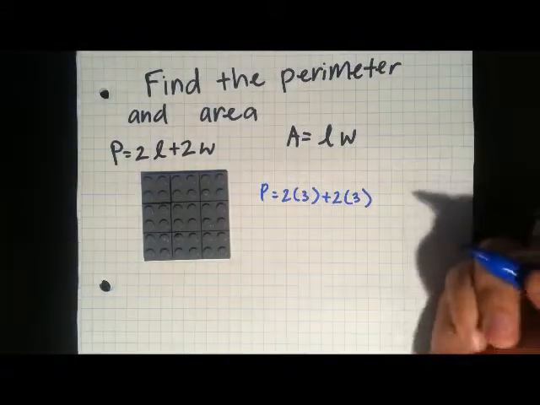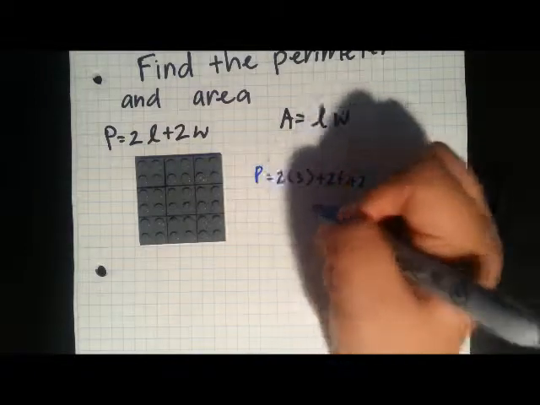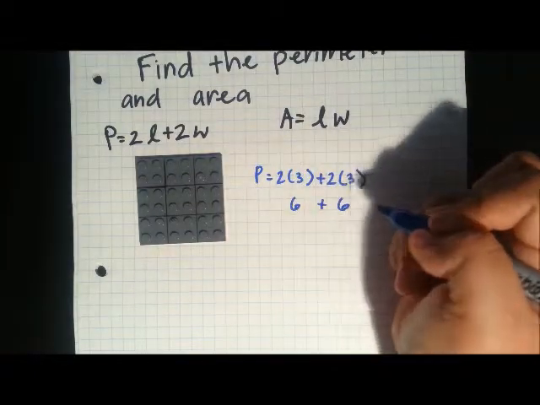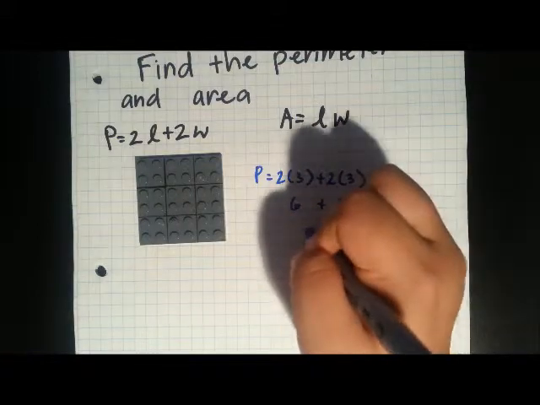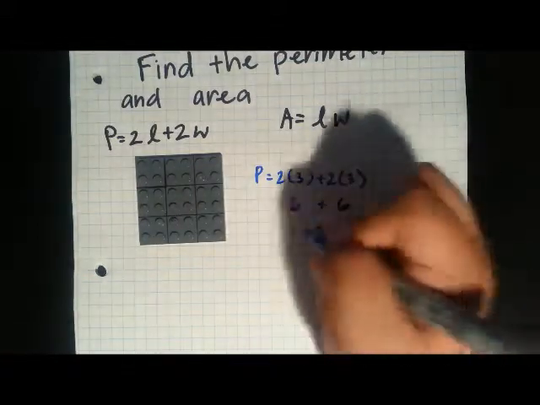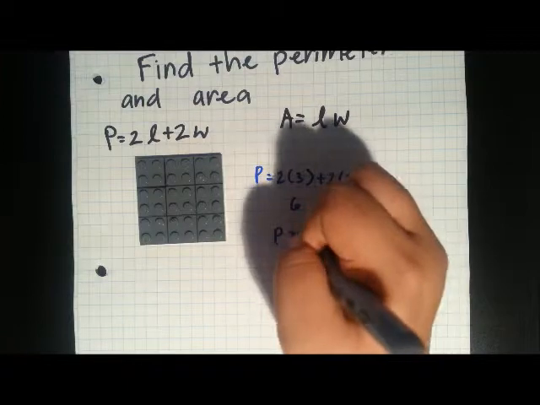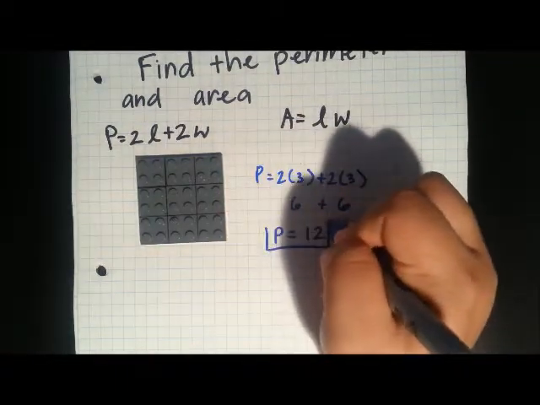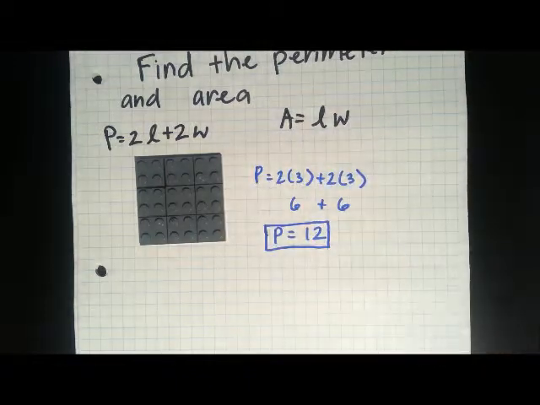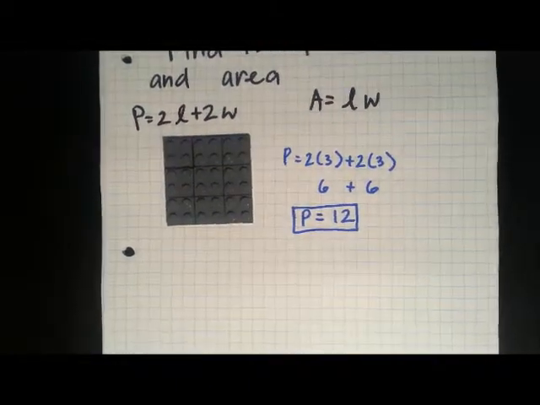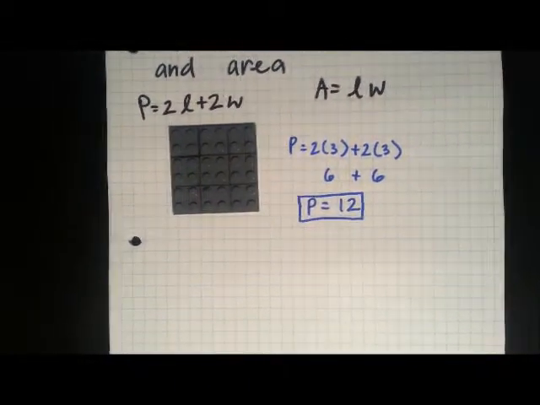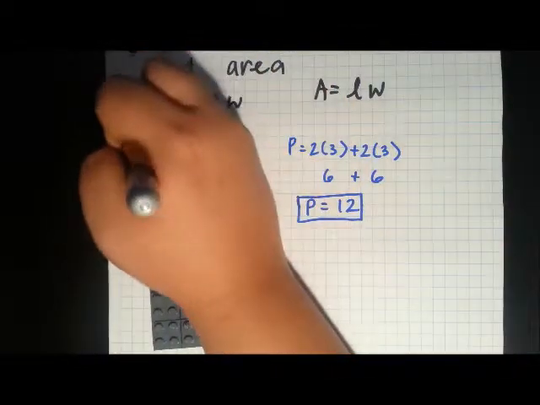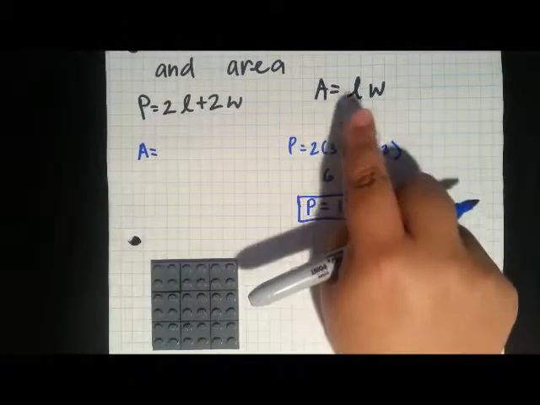So let's go ahead and solve that. So 2 times 3 is 6, plus 2 times 3 is 6, and 6 plus 6 is 12. So P, or perimeter, is equal to 12. And then if we're going to do area, we would do area is equal to the length.